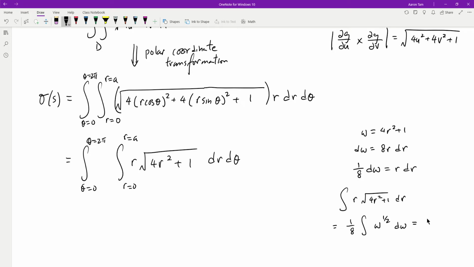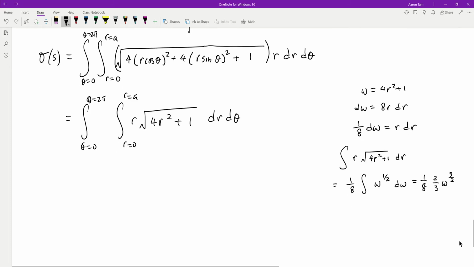And that comes out to be 1/8 times the integral of w to the 1/2 power, which is 2/3 w to the 3/2. Normally I would put plus c, but here we are not doing an indefinite integral, so I'm going to forget about the plus c. And so this comes out to be 1/12 times 4r squared plus 1 to the 3 over 2 power.